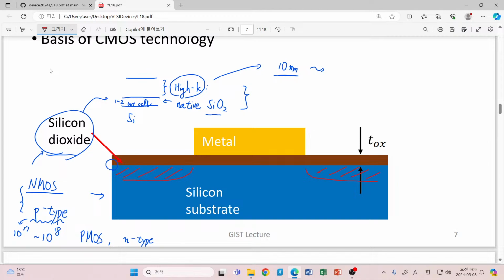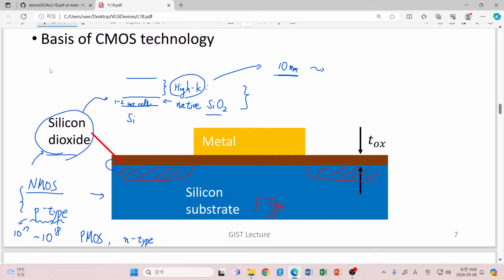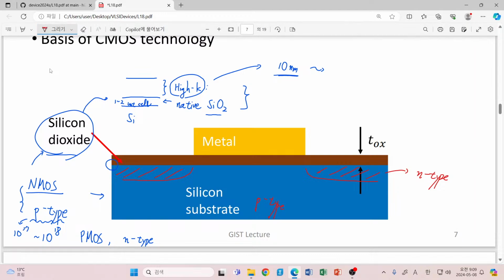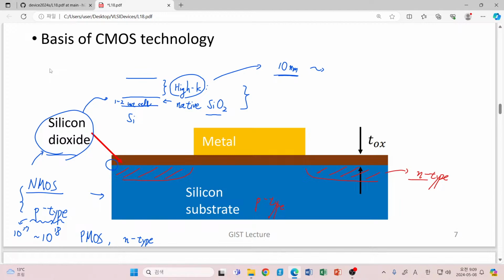For example, if this is p-type material, then we will introduce some parts highly doped with n-type dopants. In order to override the pre-existing p-type substrate doping, this n-type doping should be way higher than the p-type doping density.